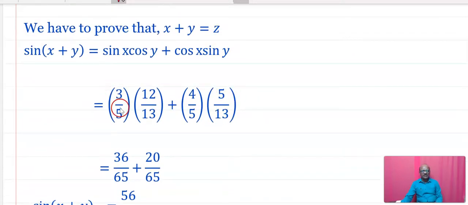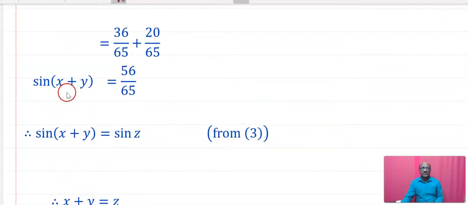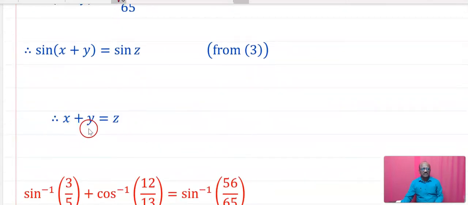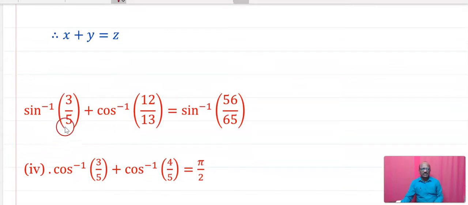If we simplify, that is 36 upon 65 plus 20 upon 65. That's why sin of x plus y is equal to 56 upon 65, and that is nothing but sin z. Hence, x plus y is equal to z. And that's why sine inverse of 3 by 5 plus cos inverse of 12 by 13 is equal to sine inverse of 56 upon 65.